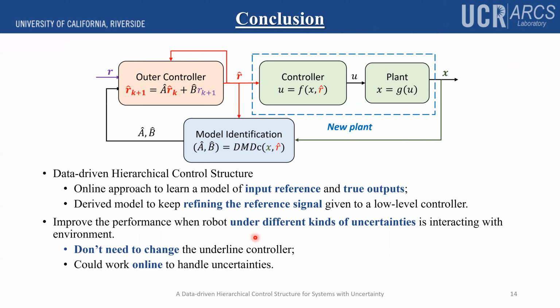Using our structure, you don't need to change the underlying controller, and it can work online to handle these uncertainties. Finally, we use simulation and experiments with the Crazyflie to show our efficiency under different kinds of uncertainties.